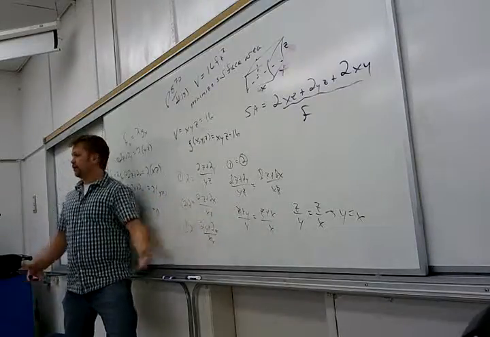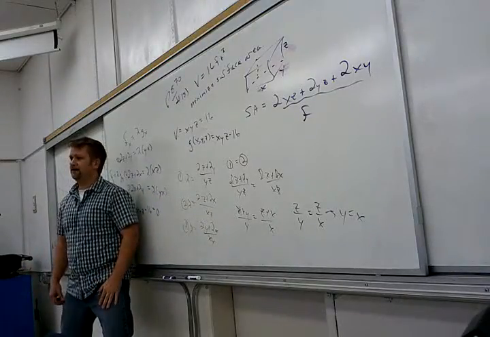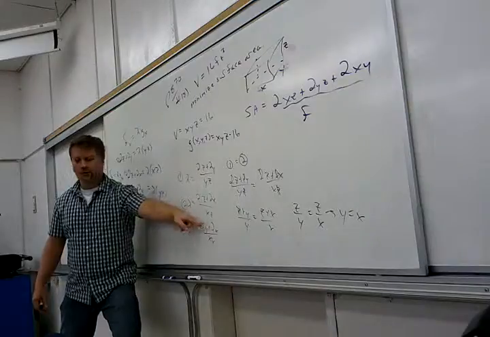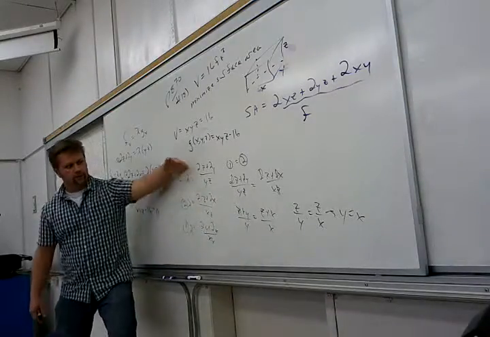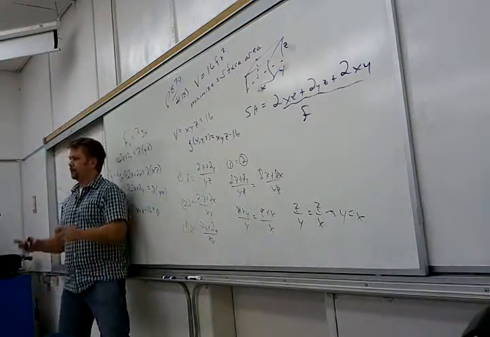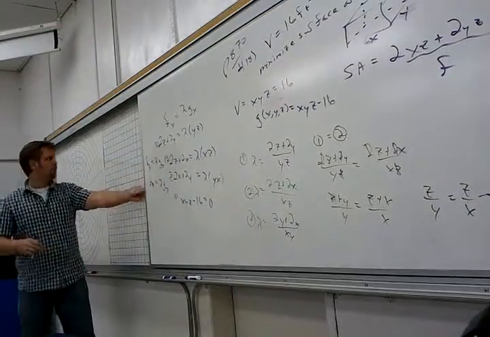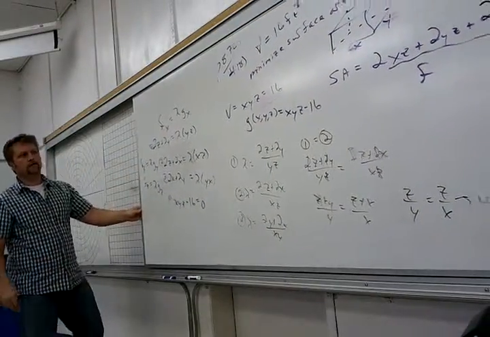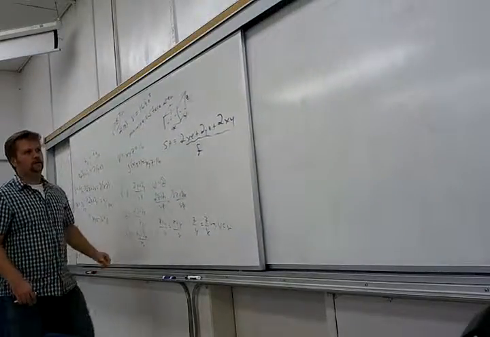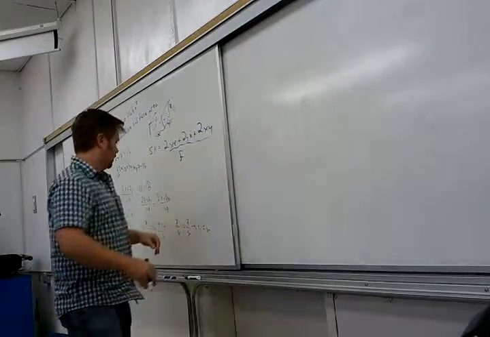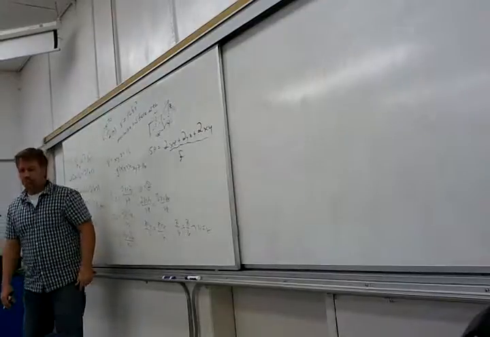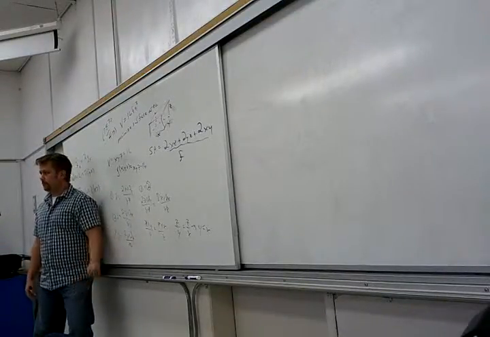In fact, you've already done the work, really, if you think about it. Variables, they're all just stupid letters. If I do all the same work with 1 and 3, what am I going to end up with? Does anybody want to hazard a guess? I'm going to end up with x equals z, just because of symmetry.